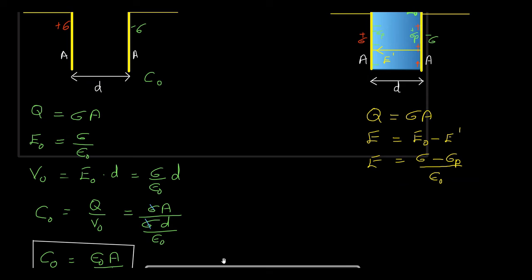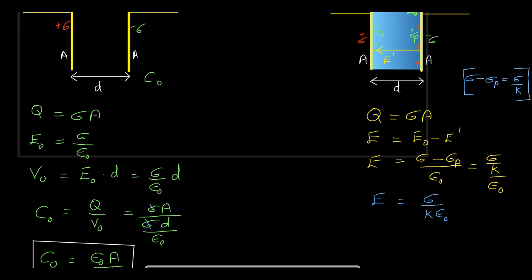Sigma minus sigma P is represented as sigma by K, where K is the dielectric constant, divided by epsilon naught. Substituting, we can write electric field E equal to sigma by K epsilon naught.